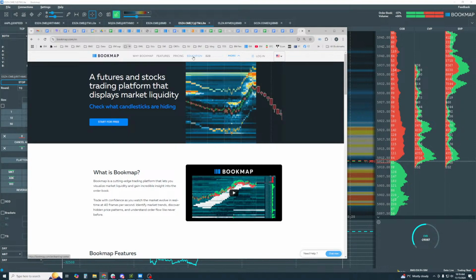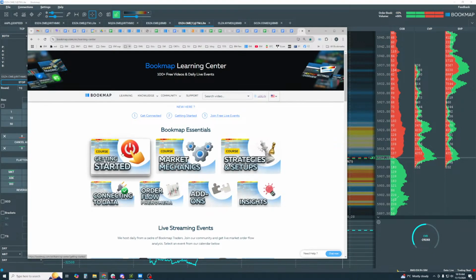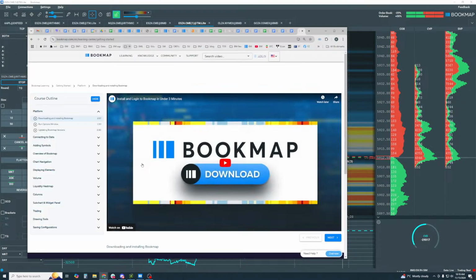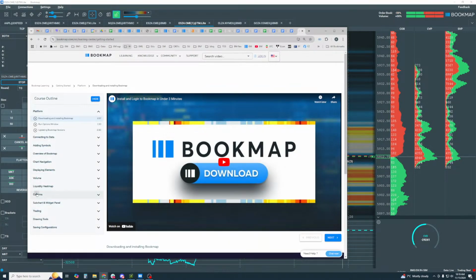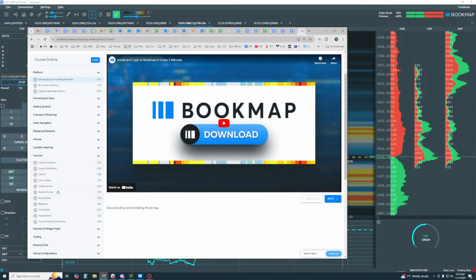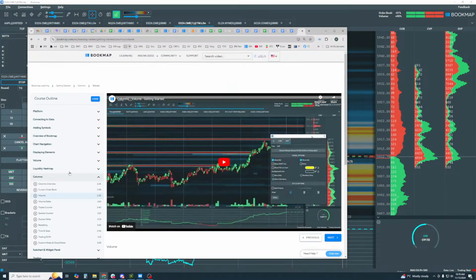Now this is what I want to cover in the Learning Center. This is a great resource. Go to education, and there's the Getting Started course, which will help you learn about all the different things in here. So for example, if you have questions on the columns, the session range volume profile columns, you'll see it in here. Here's volume columns. Click on that, and it covers it in here. So this should be very helpful for you.